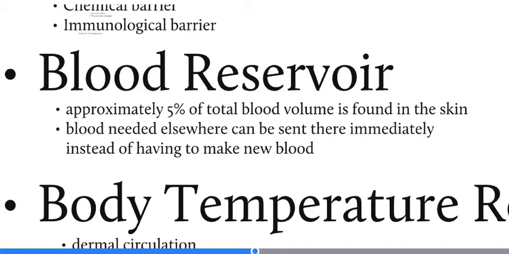When there's a need for blood at a particular point, instead of having to make new blood, a blood reservoir is reserves for when it's needed. Like when there's a blood pressure change quickly, sometimes excess blood is moved into circulation rapidly to bring blood pressure up, or something to that effect.